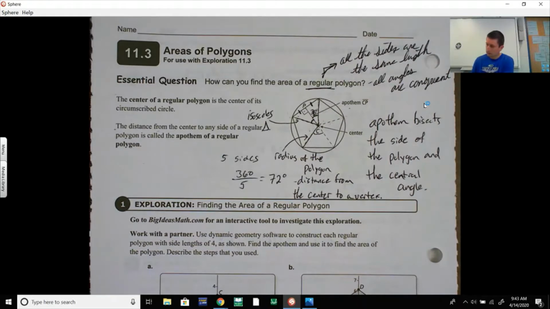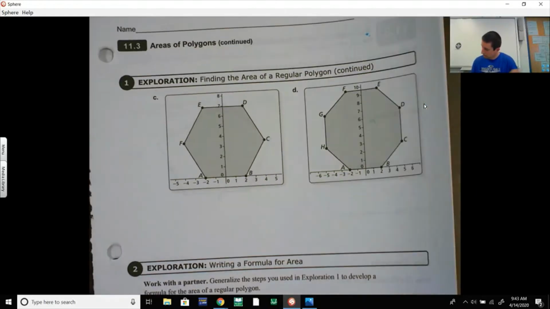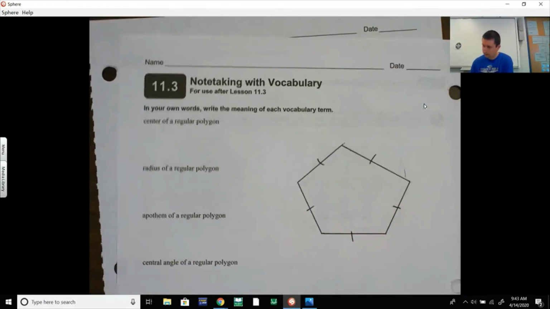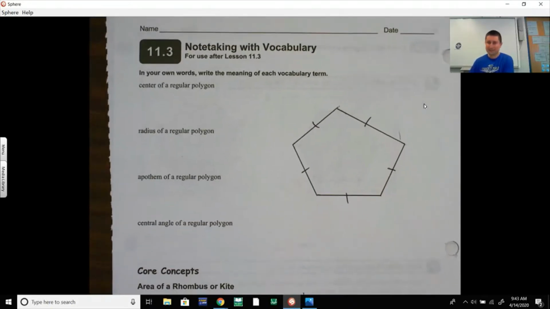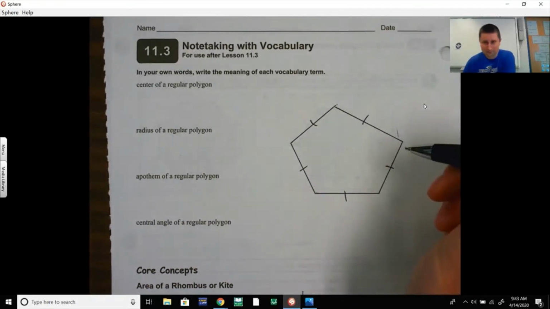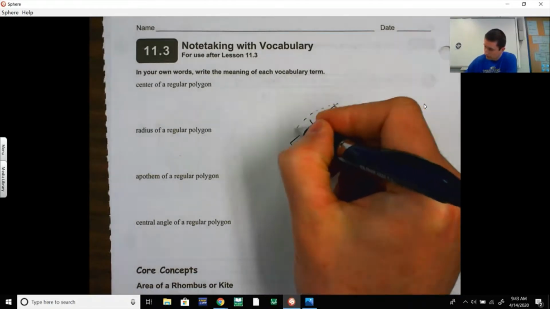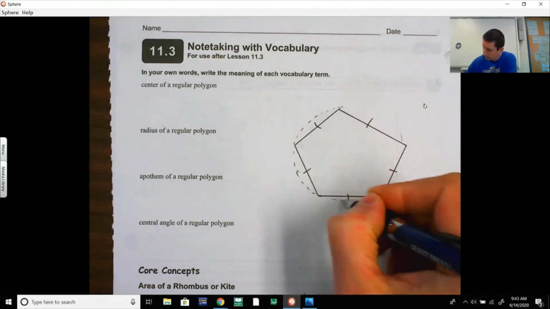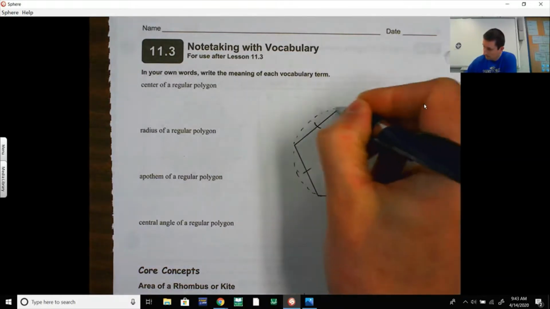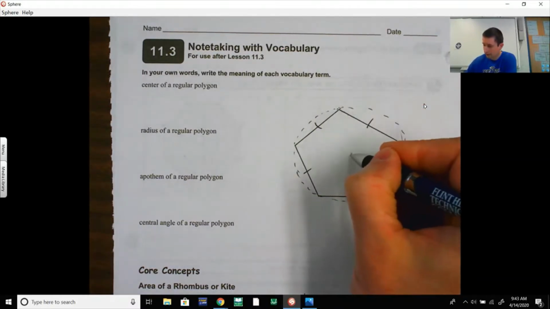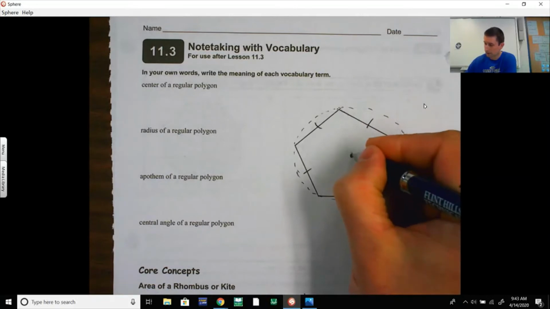Okay, so a lot of that terminology shows up again here on page 326. There's my pentagon. So if I would circumscribe a circle, the center of that circle would be the center of my polygon.